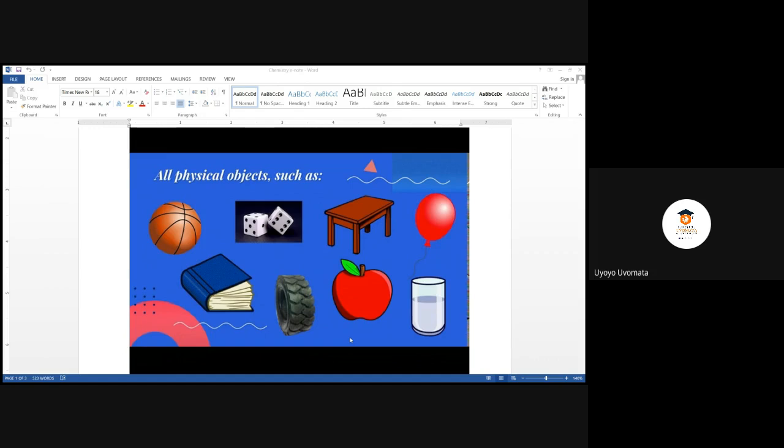Now, the examples we show there are things we can see with our visible eyes. There are also other things that are so small, so minute, that we cannot see them with our visible eyes. However, they have mass and they also occupy space. Because of those conditions, they are also matter.